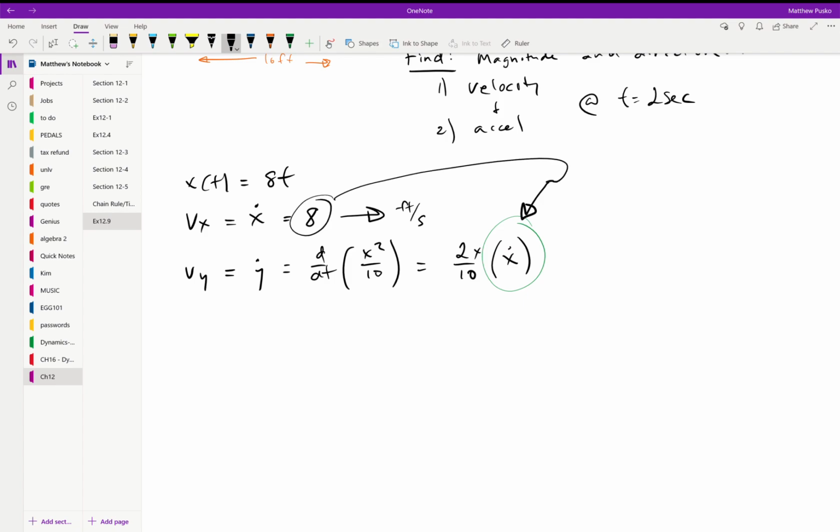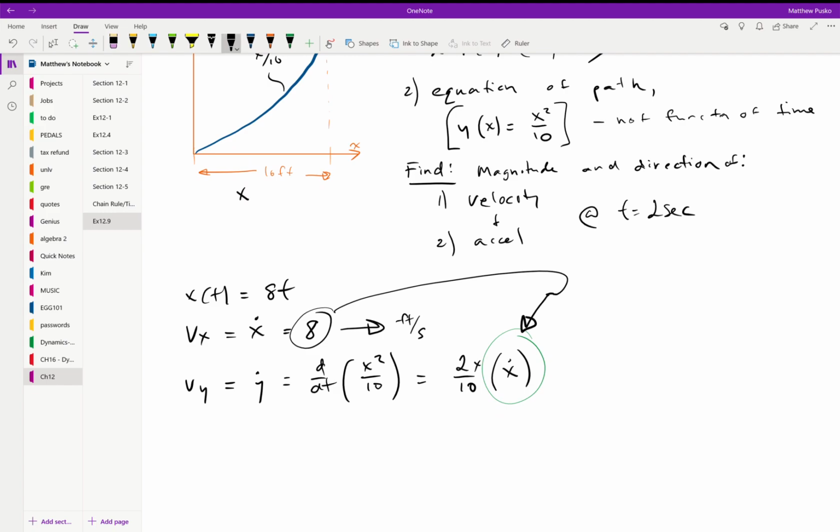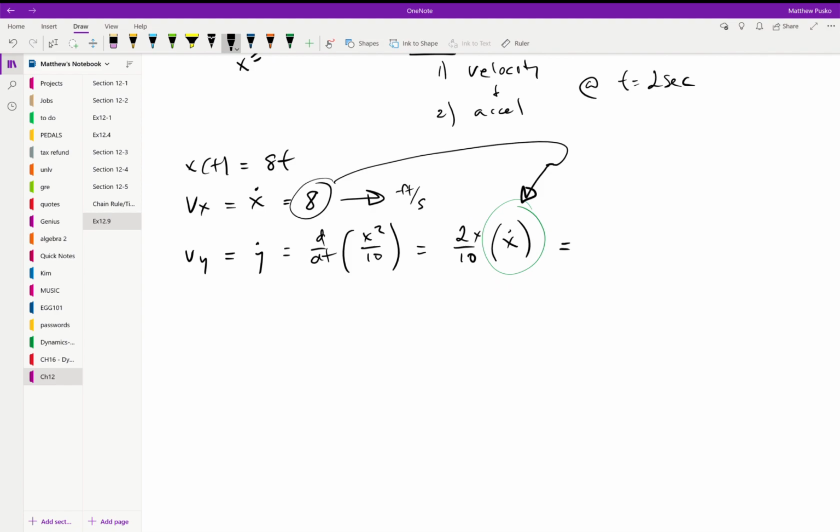And we know the x coordinate, it's given to us as 16 feet. So if we want to crank out the velocity in the y direction, we can. I get 2 times 16 feet, all divided by 10, and then the velocity was a constant 8 feet per second. And crank the handle, it's going 25.6 feet per second up.